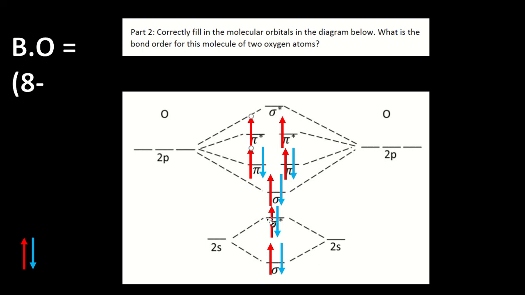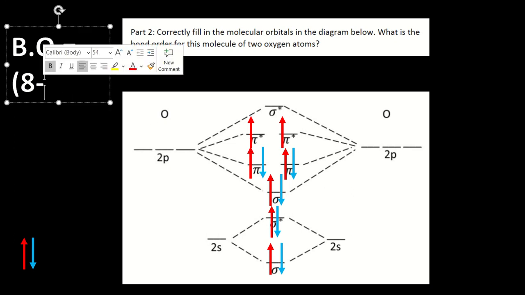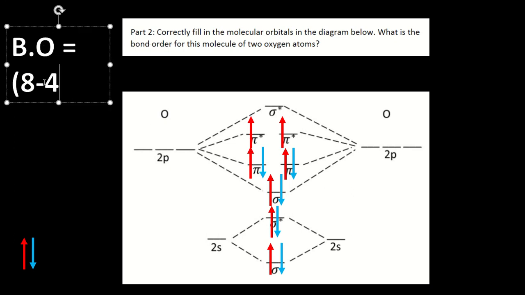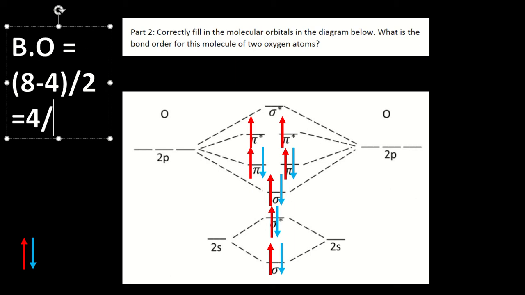Therefore, 2 from the sigma star and 2 from the pi star would be 4 anti-bonding electrons, which basically encourages the molecule to not form. It diminishes the strength of a bond, and we're going to divide that number by 2. Therefore, 8 minus 4 equals 4. 4 divided by 2 is going to equal 2.